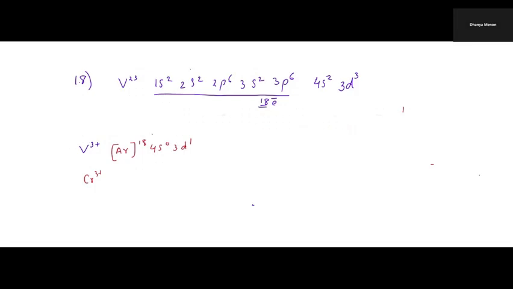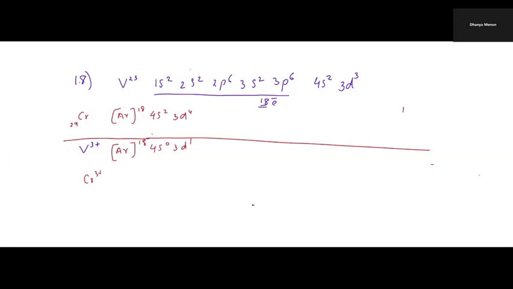If you're thorough with the configuration, you can quickly write it. Similarly, argon 18. What is left? 4s2, 3d4. 18 plus 2, 20, 24.